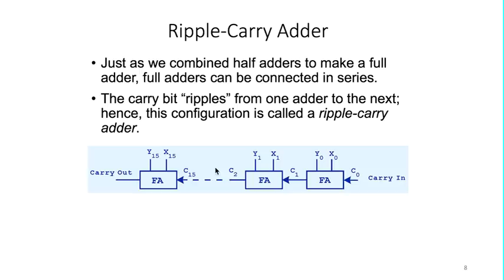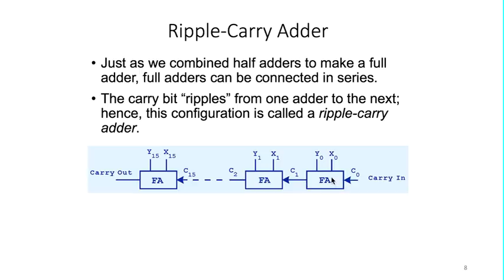So the scenario of the ripple carry adder means we put them all together in such a way that the carry out of the previous one can be fed into the next adder. In that way we can perform the addition operation of a larger string of bits 0 and 1. Okay, so this is the way we construct it.